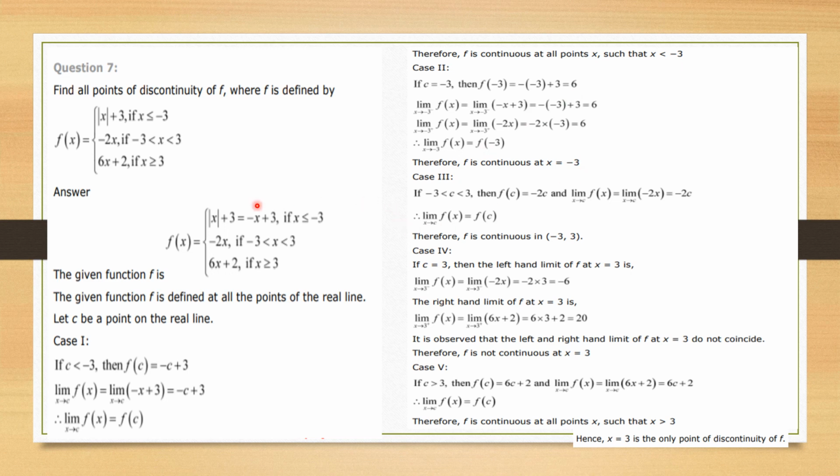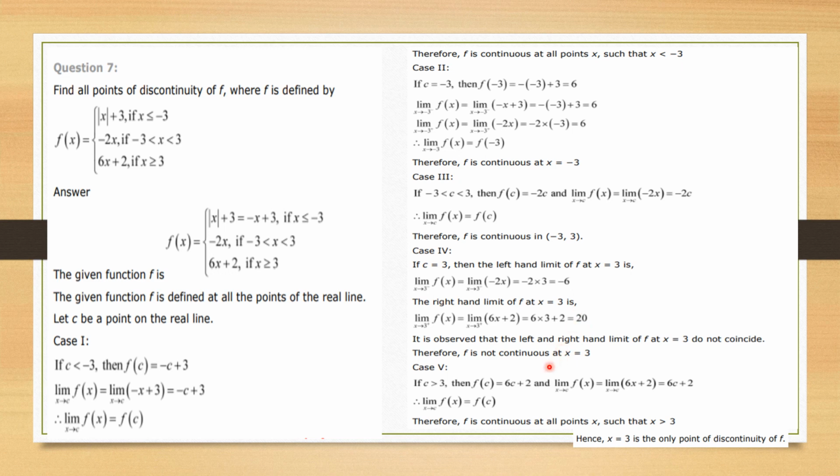Now I'll check the continuity at 3. Here this is the left hand limit, this is the right hand limit. The left and right limits are not the same, so as the limits are not the same, the function is discontinuous.